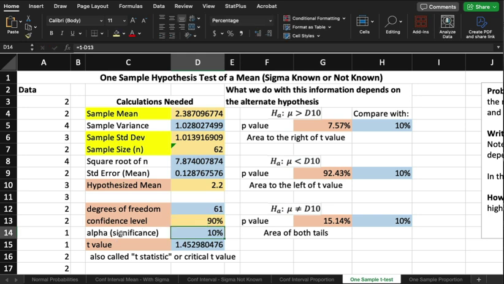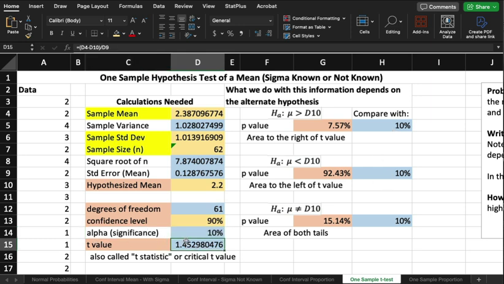And then these last two calculations here, you need your significance level. The significance level is equals 1 minus D13. And that has to do with how you're going to be making your decision at the end. The significance level is related to how we make our decision at the end.